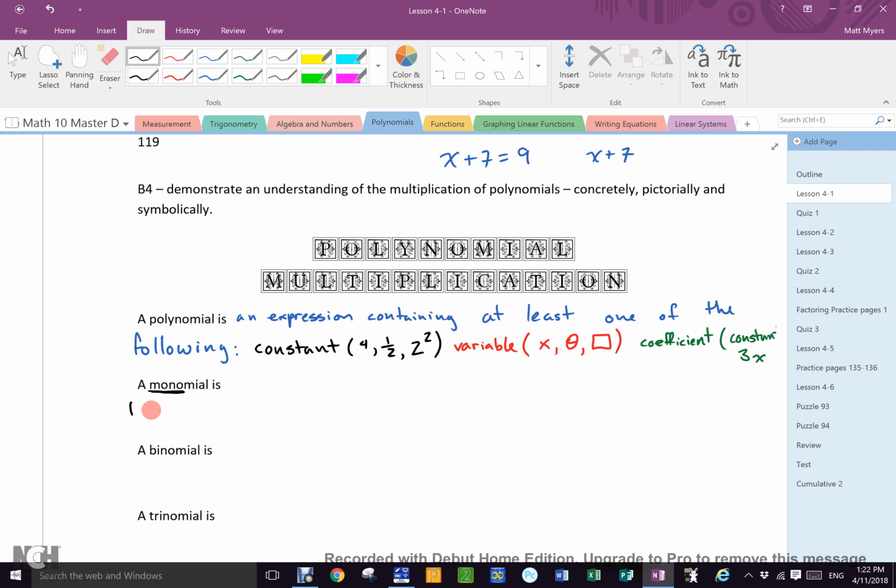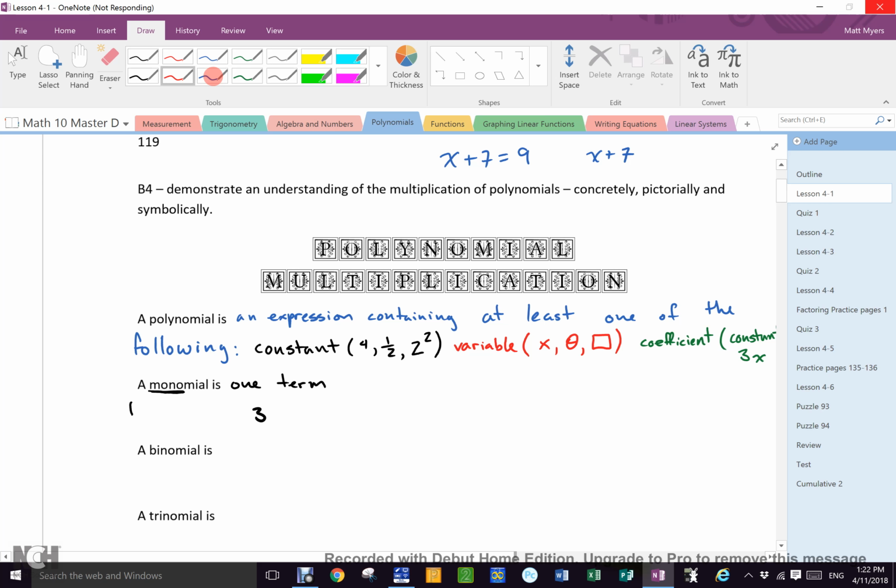Anyway, mono means one, which is any one of those things. Okay? It is one term, which could be 3. It could be x. I'm not going to use x because we always use x. It could be, give me another letter.